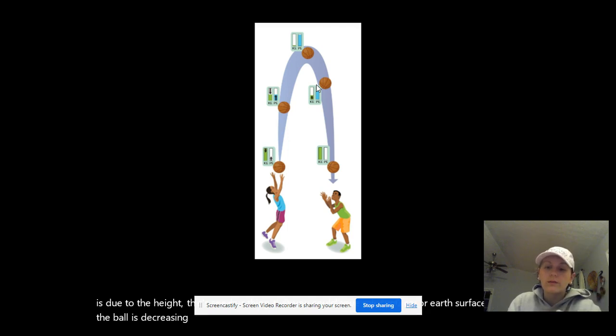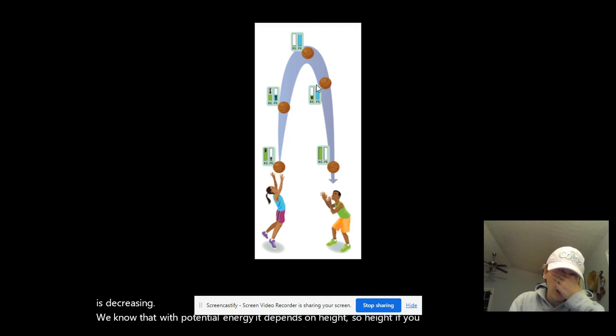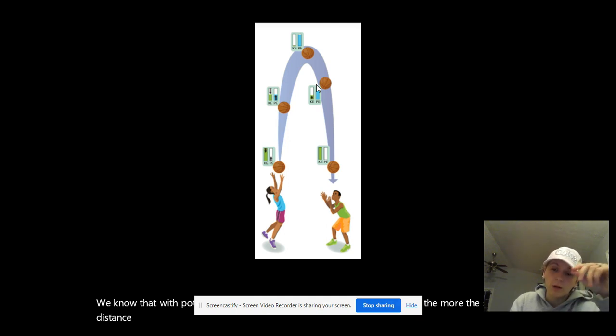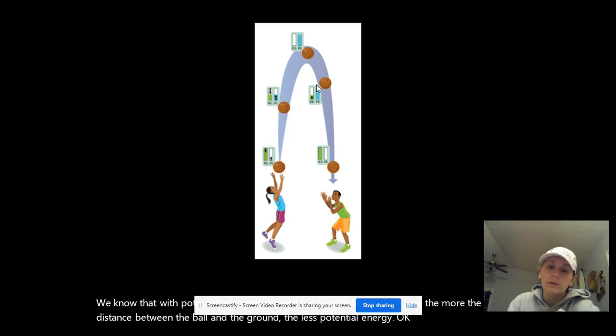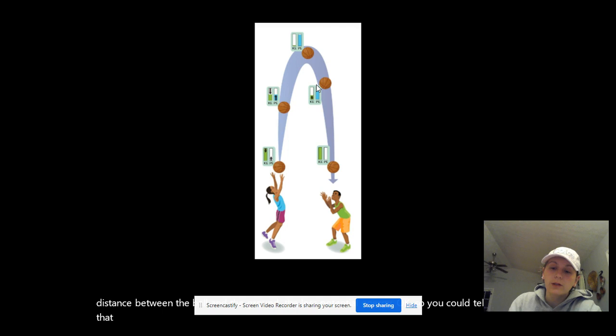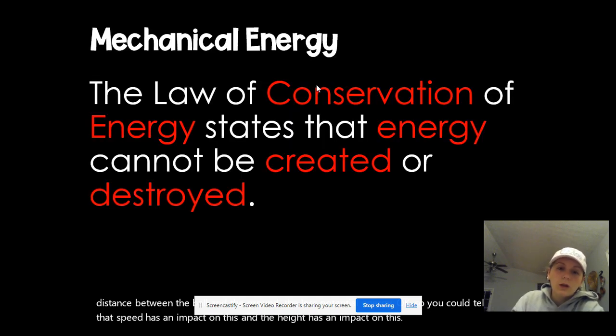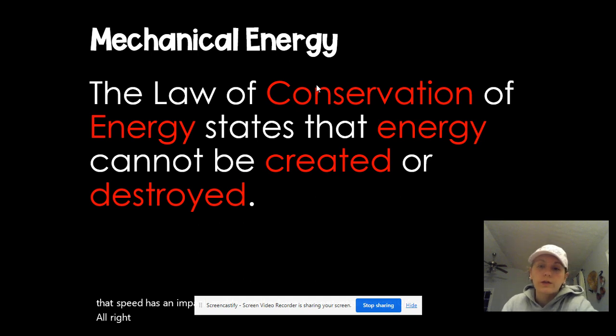We know that with potential energy, it depends on height. So the smaller the distance between the ball and the ground, the less potential energy. So you could tell me that speed has an impact on this and the height has an impact on this.